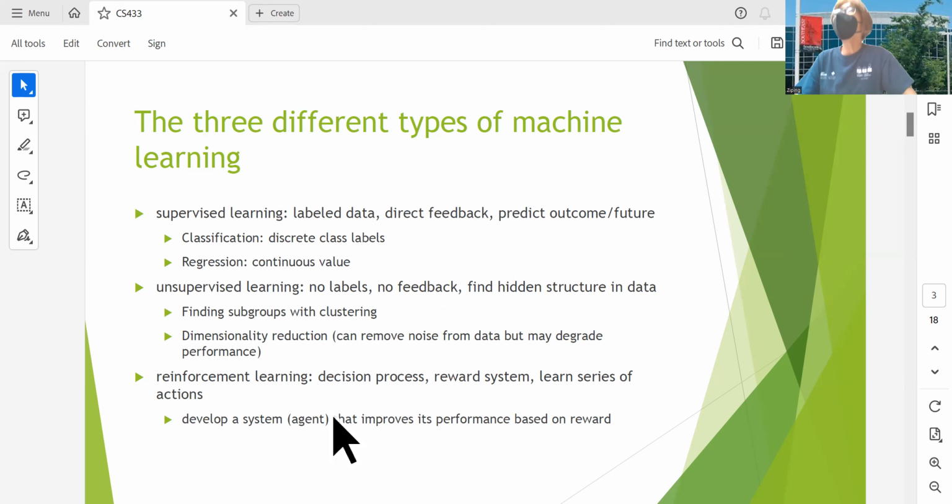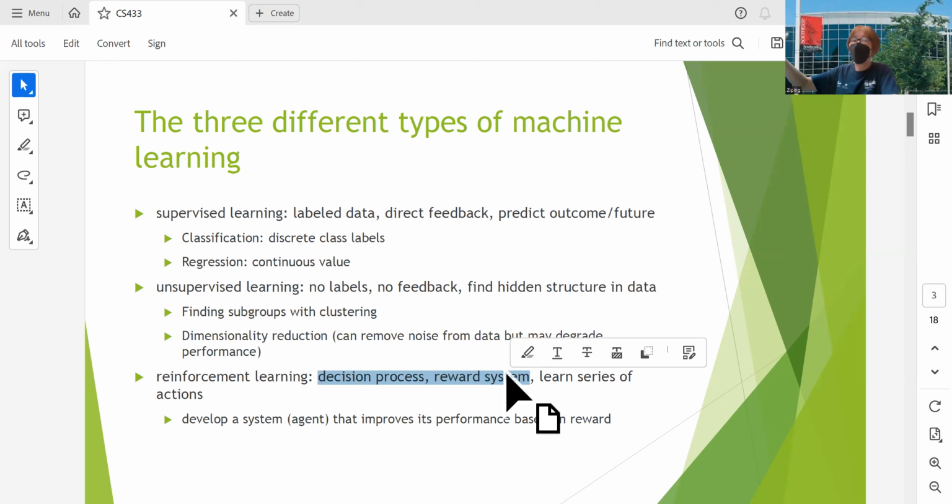The third type is reinforcement learning. It's like when you play a game. To train a game agent, it's based on rewards. So it's a decision system and a reward system. This is reinforcement learning.